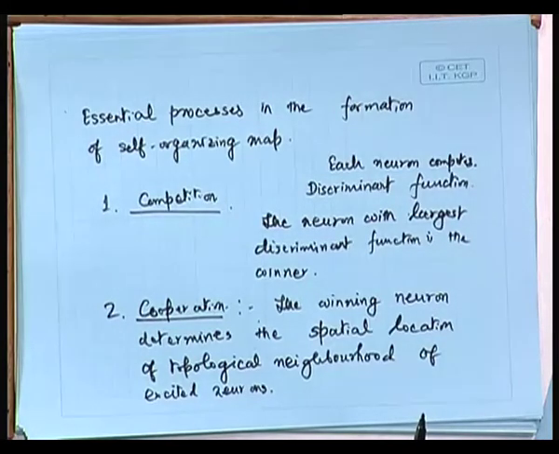And excitation is obviously a cooperation, because it not only strengthens the neuron which is the winner, but it also strengthens the neurons which are closer to it. Whereas by the process of competition, the neurons which are far apart are eliminated by the winner takes all mechanism.